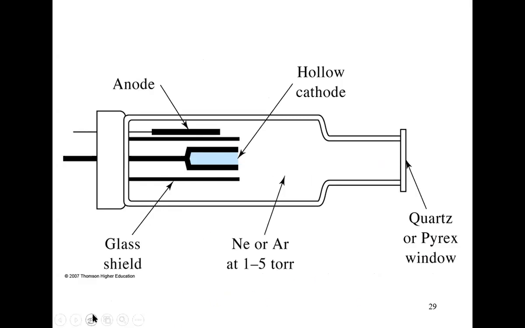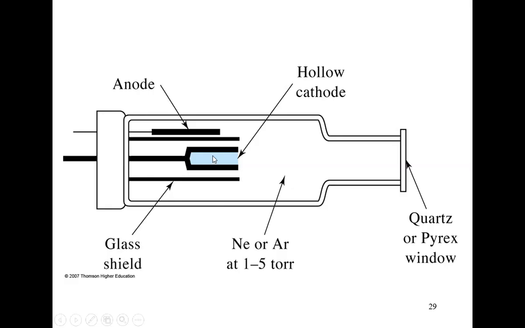It follows Beer's law. Now, here is the hollow cathode lamp that we've been talking about. You notice here there is a glass shield. There is this fork-shaped hollow cathode lamp here. You plug this to the current, positive terminal, and then you have the anode.